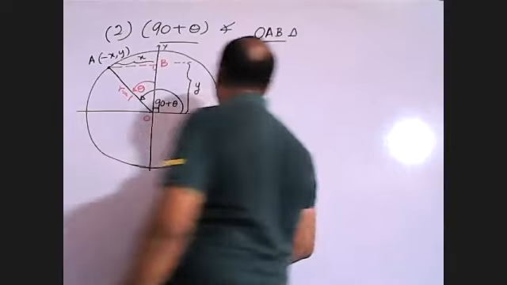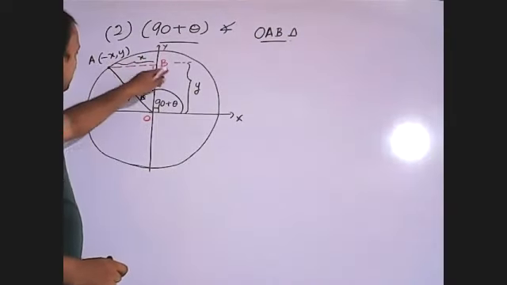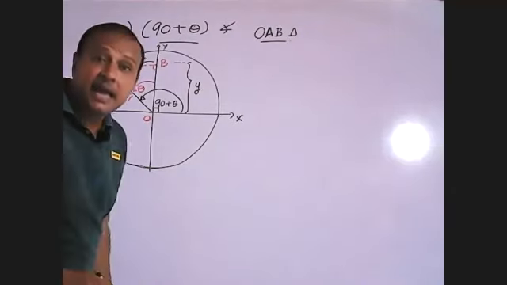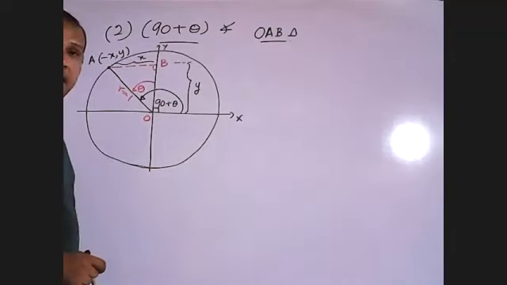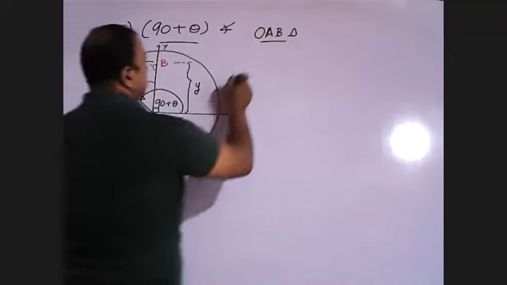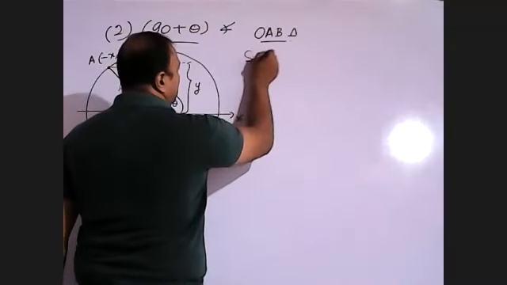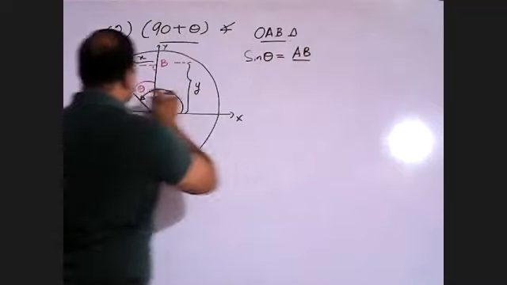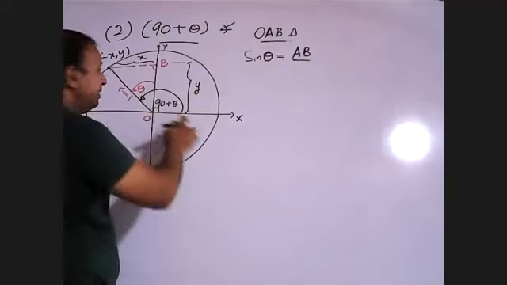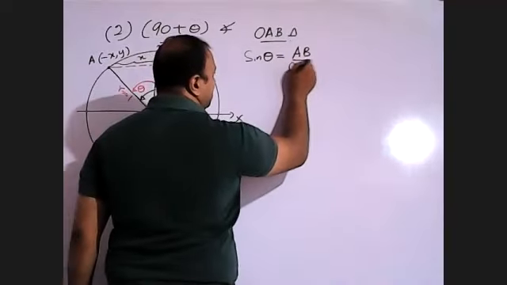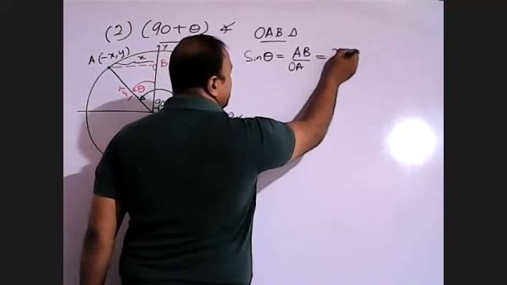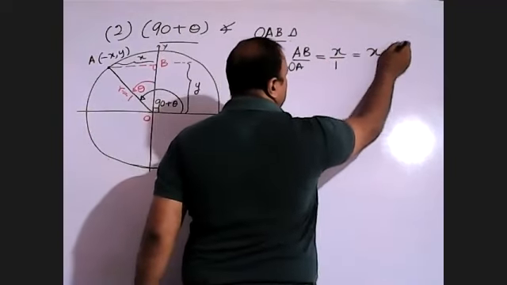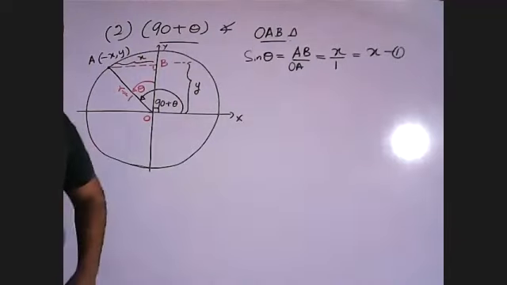The opposite side is AB, that is equal to x. Hypotenuse is OA, that is equal to R, that means 1. So sin theta is equal to x.